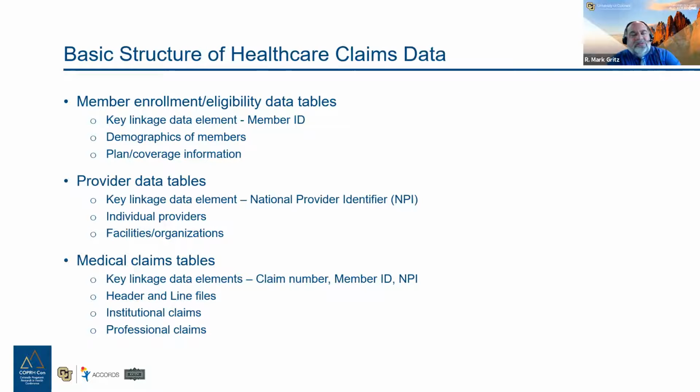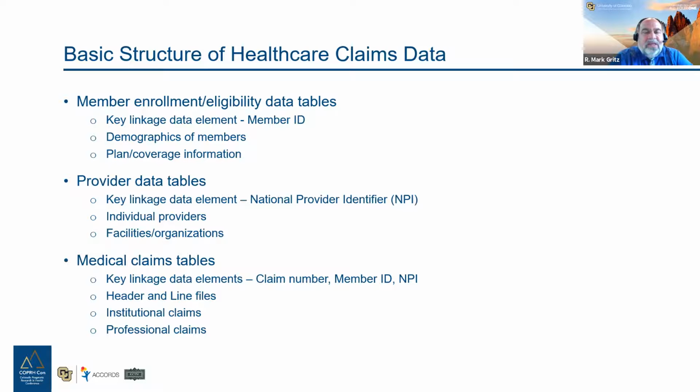I wanted to quickly provide an overview of the basic structure of healthcare claims data. They come in a number of different data tables. One of the most important is the member enrollment or eligibility data tables. This is where information about individual members covered by the insurance provider is included in the claims data.